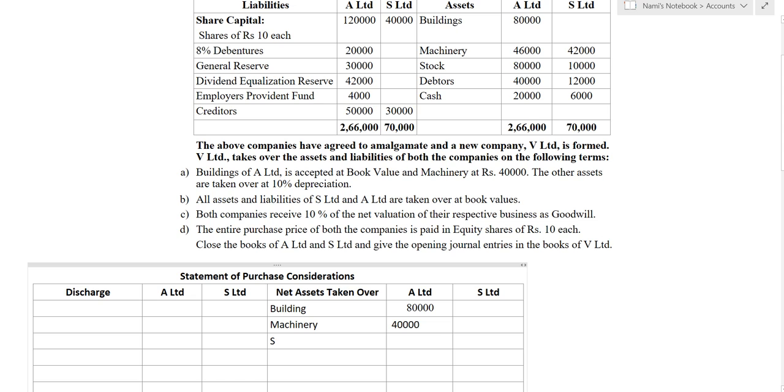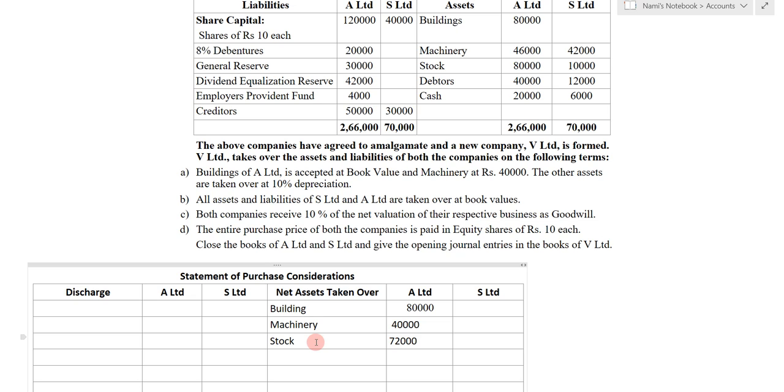So we have to take stock at 10% depreciation. So 10% depreciation on 80,000, we get 72,000. How did we get it? 80,000 multiplied by 10 divided by 100, we get 8,000 as the depreciation.